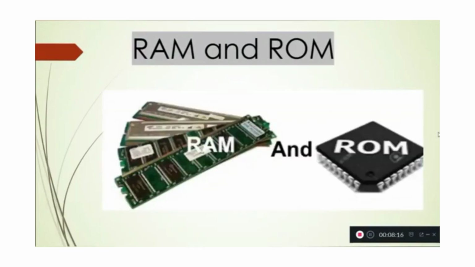Next is RAM and ROM. You had learned about RAM and ROM in your previous class and already know that the contents of the ROM are pre-recorded and cannot be changed easily.